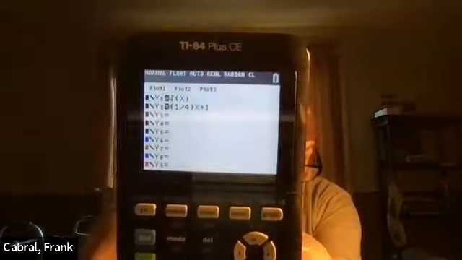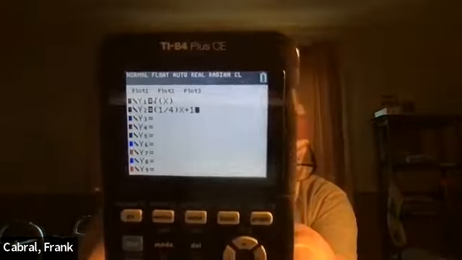All right. So I'm going to adjust my window and take a look at what this looks like. So let me try -2 to 10. And let me try -1 to 5. That should be good enough. Yeah.